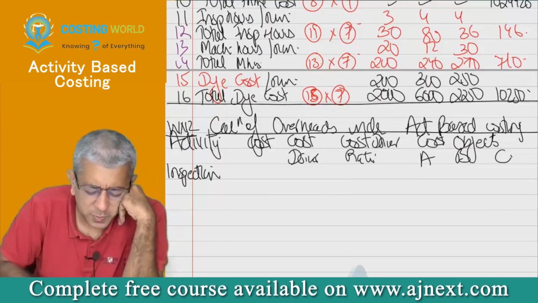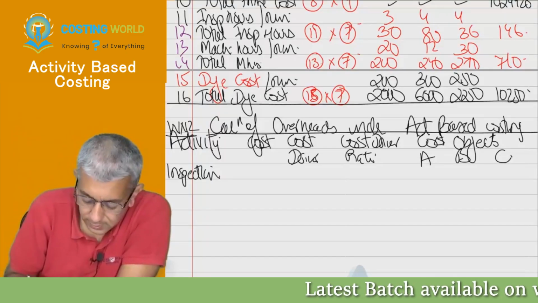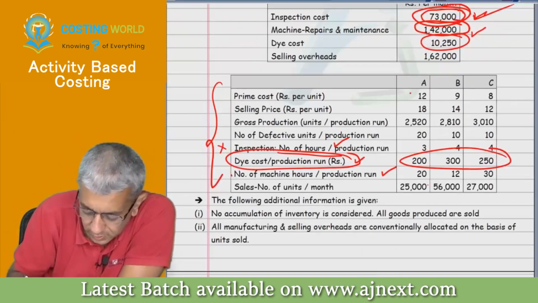So I'm writing inspection activity, that's fine. 73,000 is the cost.